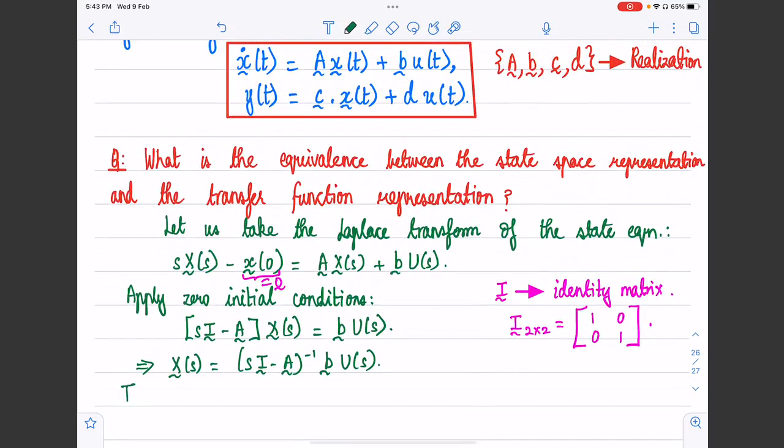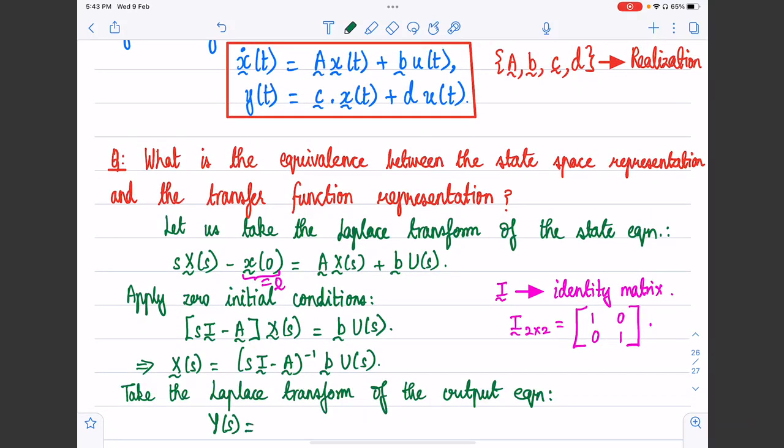Now, let's say we take the Laplace transform of the output equation. What do we get if we apply the Laplace transform to the output equation? We just have a very simple equation, right?